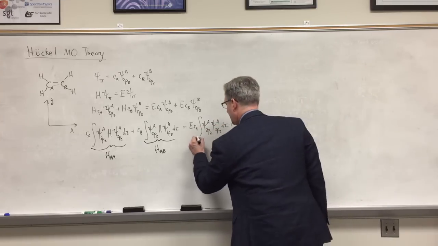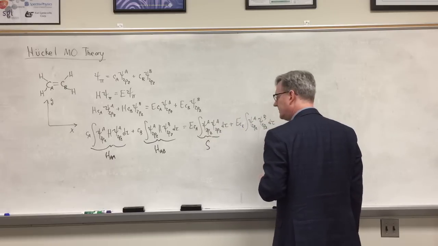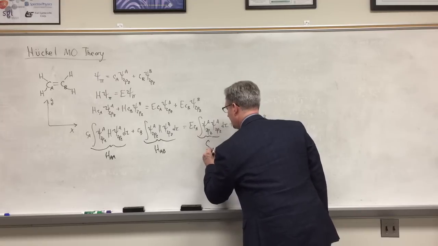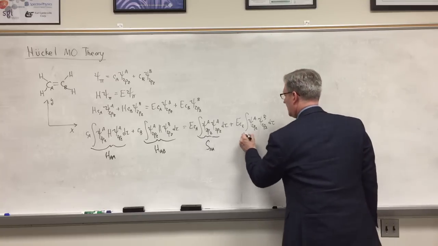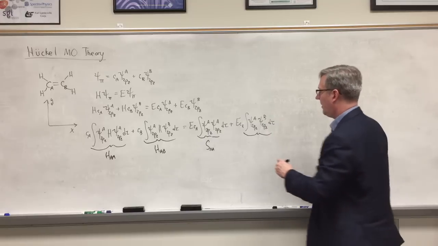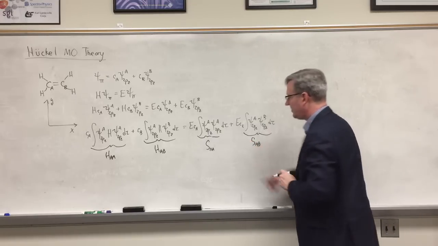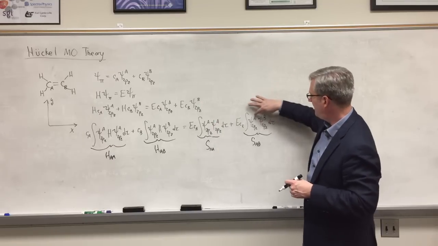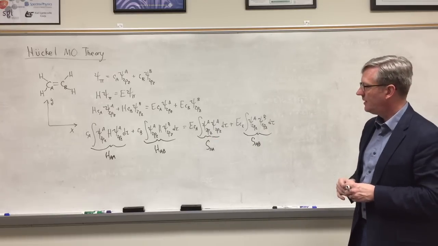We refer to this one as S, and because both centers are A, that is going to be SAA. Here's another one, the same type of integral with A and B, and I'm going to call that SAB. And if this is B and B, then that becomes SBB. If this is B and A, that's SBA. This is just to simplify our notation.